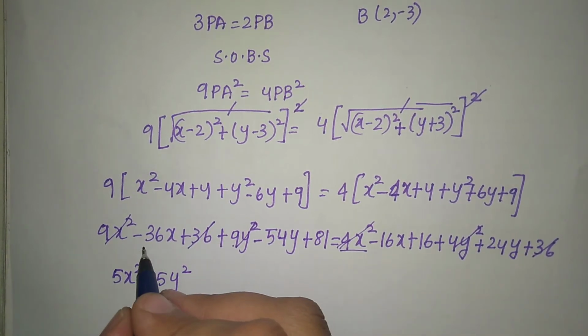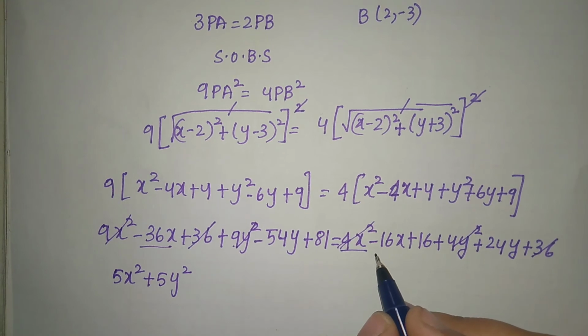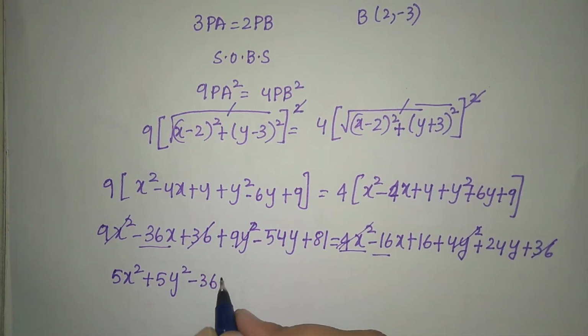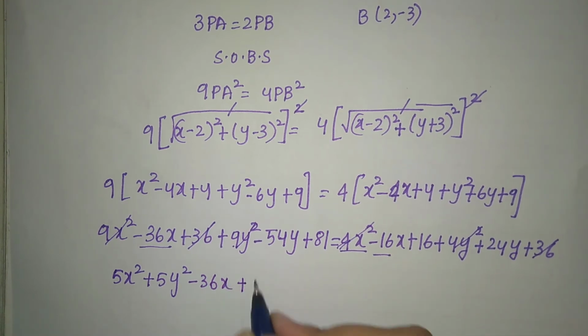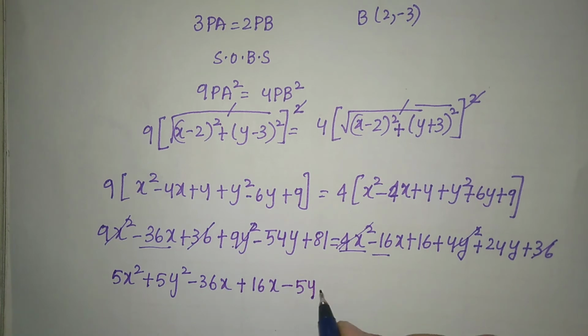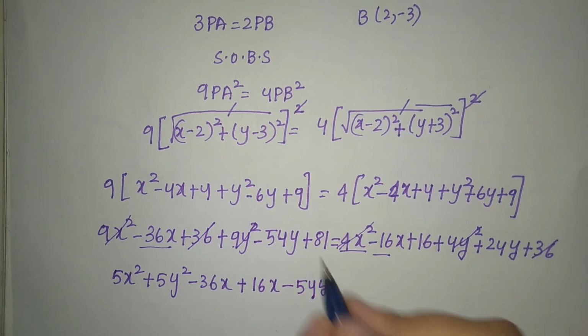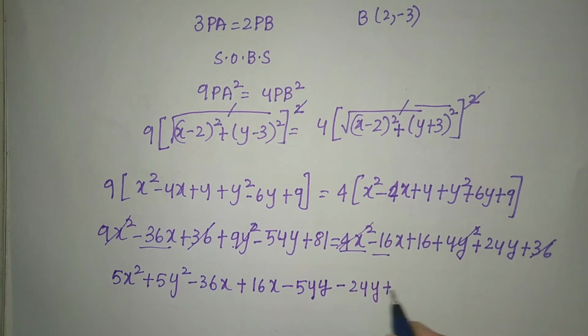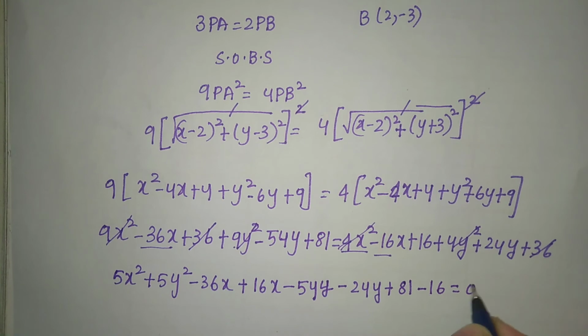And minus 36 minus 16. So minus 36x, this side it will become plus 16x. Minus 54y minus 24y plus 81 minus 16 is equal to 0.